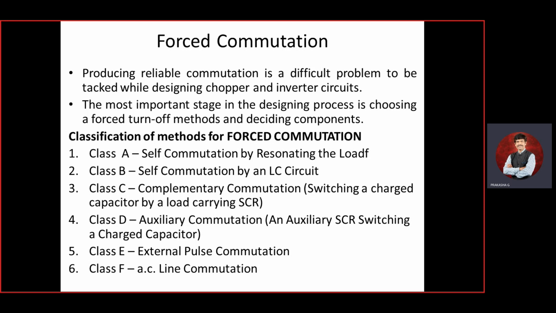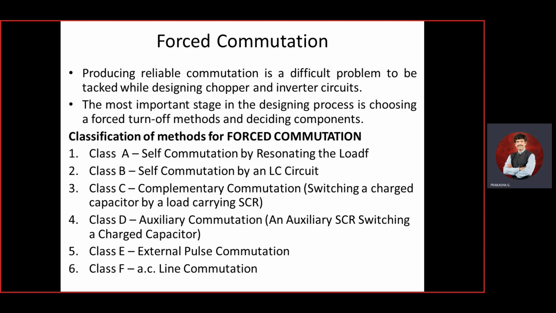Class A, self-commutation by resonating the load. Second one is also self-commutation, by an LC circuit. One is a resistor, the other is an LC circuit. We are going to use that.